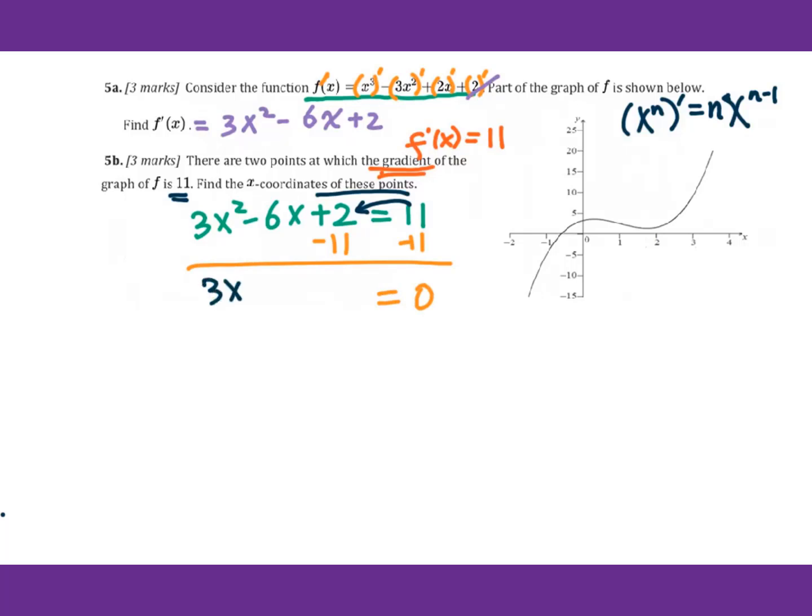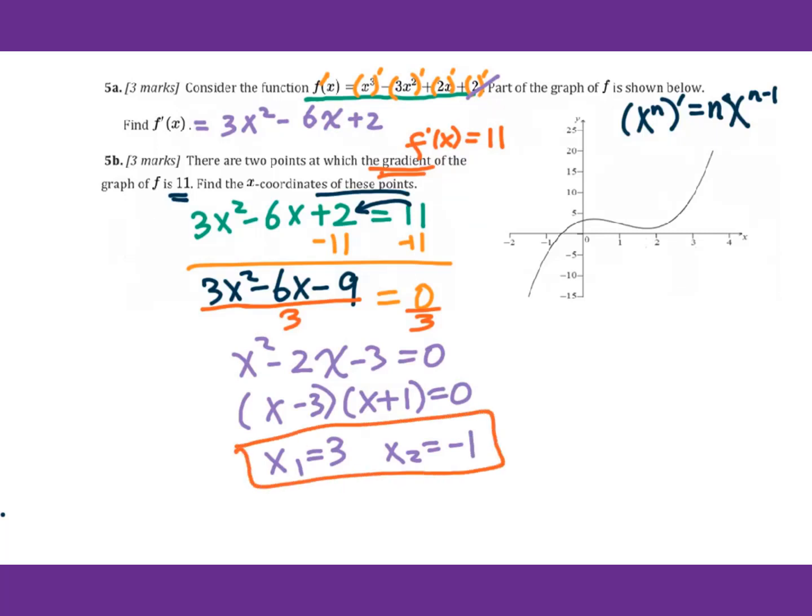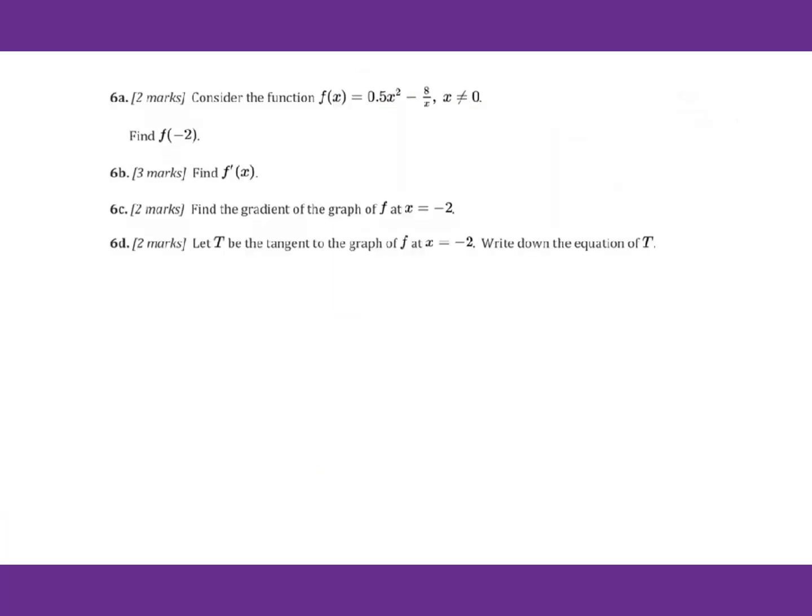And 3x squared minus 6x minus 9 equals 0. Divide by 3 on both sides, because that's the common factor. x squared minus 2x minus 3 equals 0. Factor: x minus 3 times x plus 1 equals 0. So x1 equals 3, x2 equals negative 1. This will be the solution to 5b.